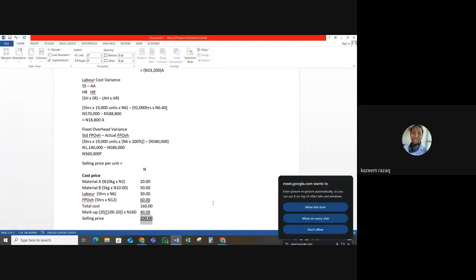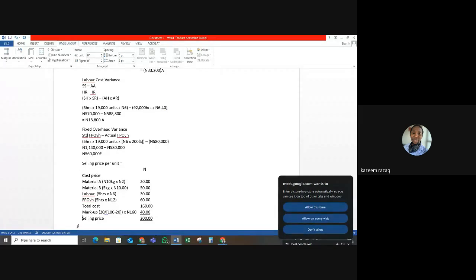Any question on that? Now, why am I using markup? Why can't I use the margin straight? I'm using markup because I have the figure for the cost.